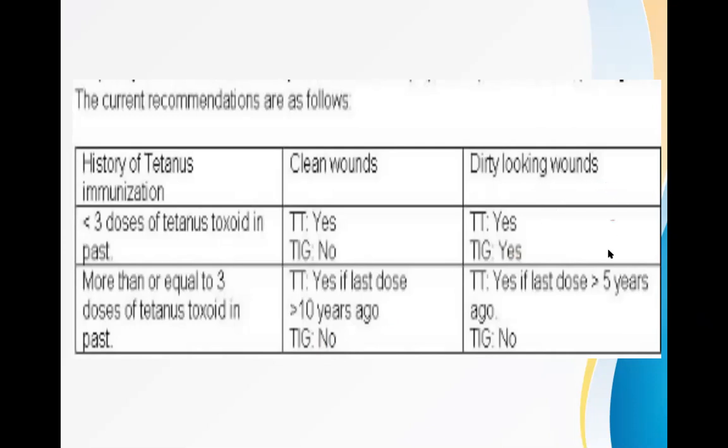Whereas in the dirty looking wound, tetanus toxoid is given if the patient has taken the last dose 5 years ago. See that? Because of the dirty looking wound, the duration is decreased now, and there is no need of TIG here because the patient has already taken 3 doses of tetanus toxoid. TIG is still not necessary.